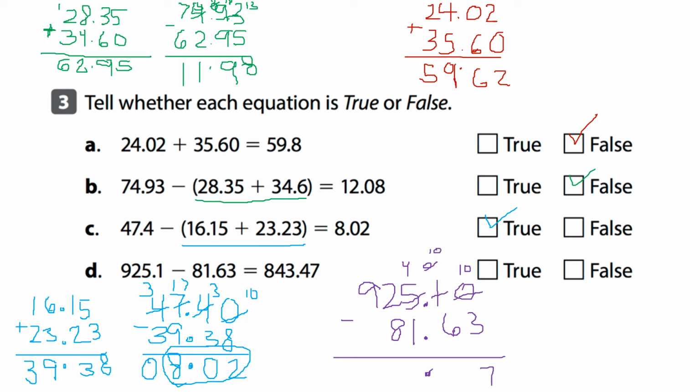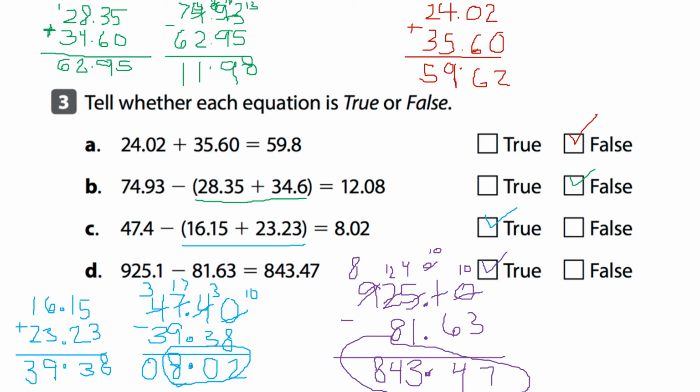So 10 minus 6 is 4. 4 minus 1 is 3. And I can't take 8 from 2, so I need to borrow again. The 9 becomes an 8. The 2 becomes a 12. 12 minus 8 is 4. 8 minus nothing is 8. And so this one is also true.